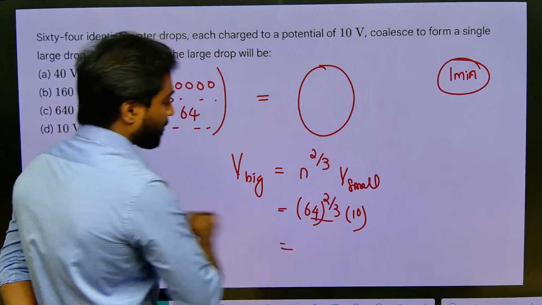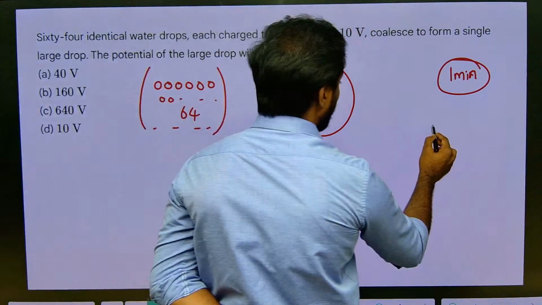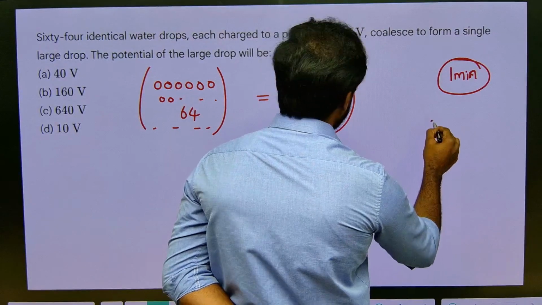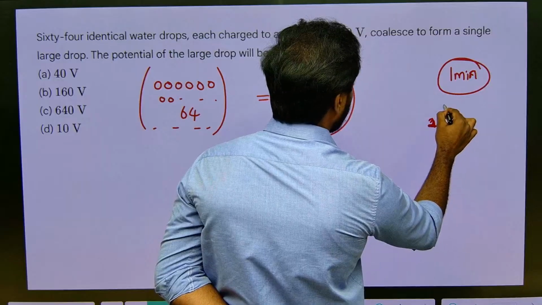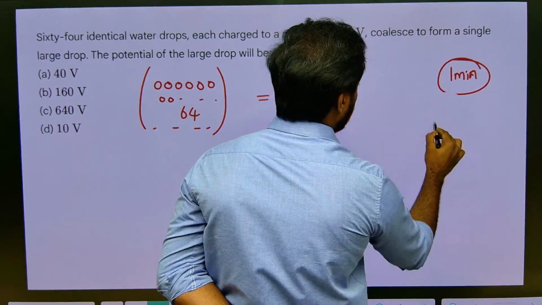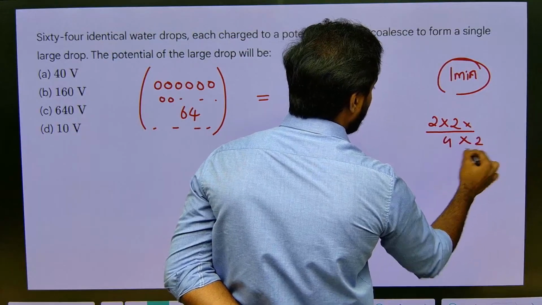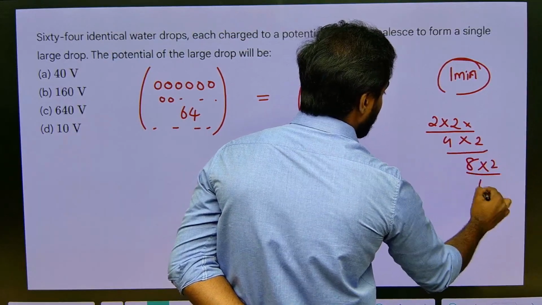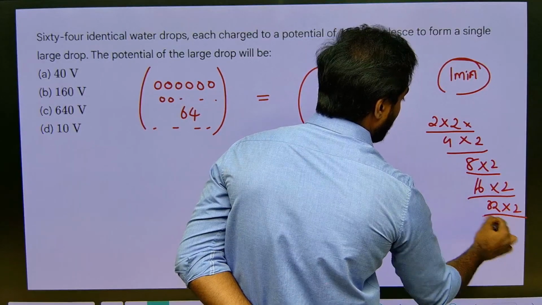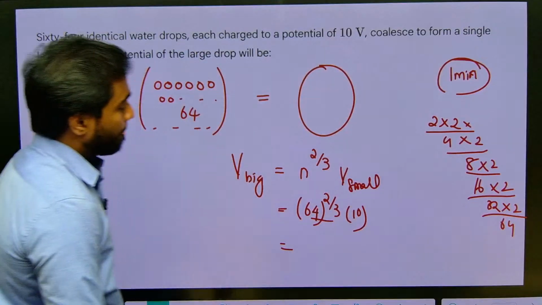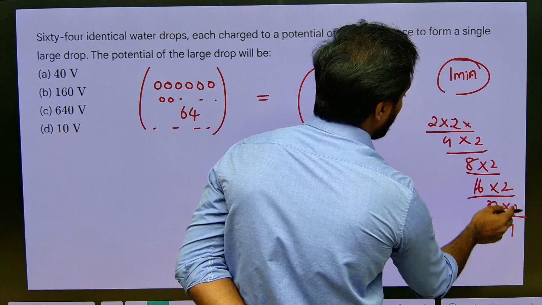And what is this 64? How can we write 64? Let me take 2 into 2, 2s are 4, and 4 2s are 8, and 8 2s are 16, and 16 2s are 32, 32 2s are 64. So I can't use this, how many times? 1, 2, 3, 4, 5.